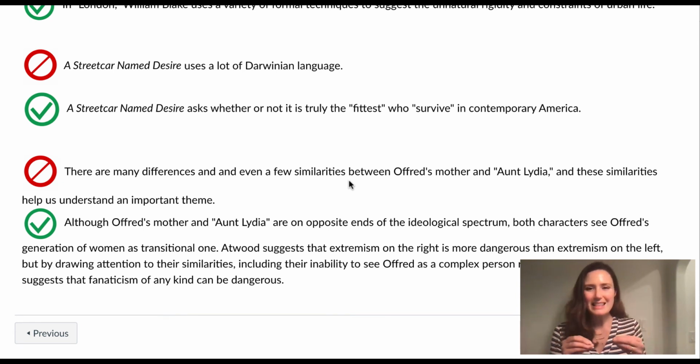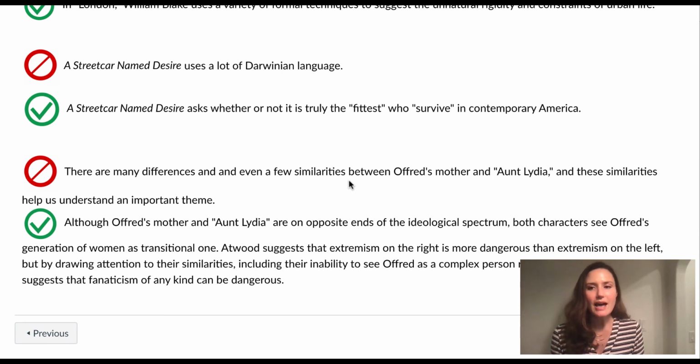I could take that thesis and take the specific characters out. These are characters from The Handmaid's Tale. And I could really plug in characters from any two books or any two texts or any two movies. Most characters have some similarities and some differences. Just like I have some things in common with you, I have other things that make me unique. So that's a generic statement that's not really saying anything.